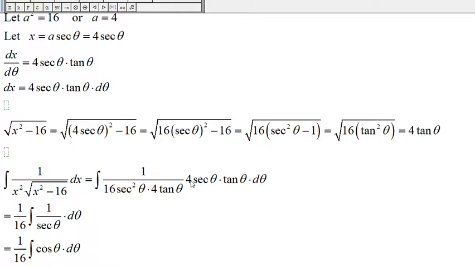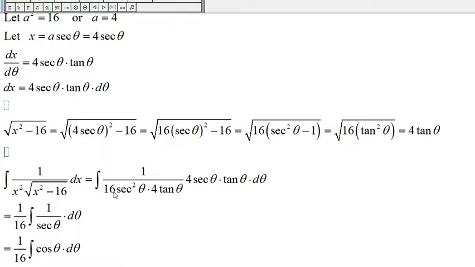Here we have 4 tangent of theta dividing by 4 tangent of theta, so that's 1. Secant of theta dividing by secant squared is 1 over secant of theta.